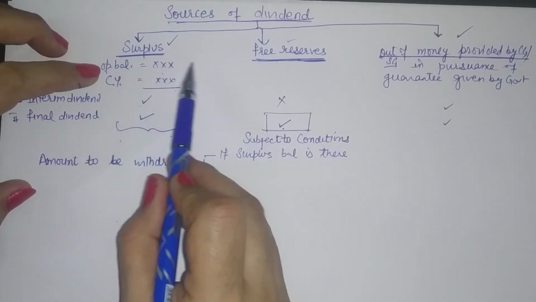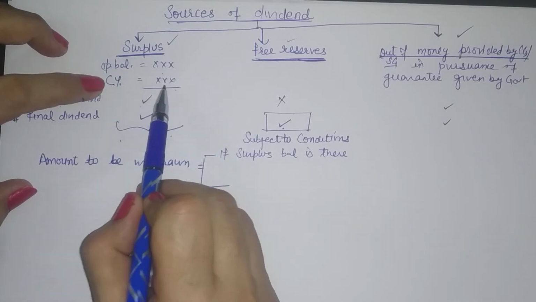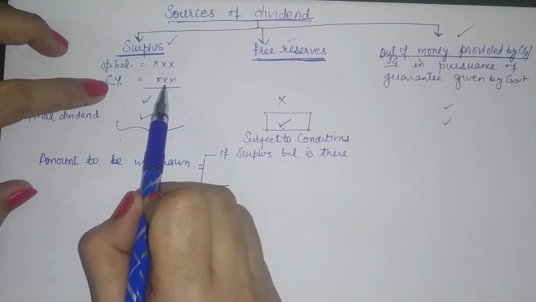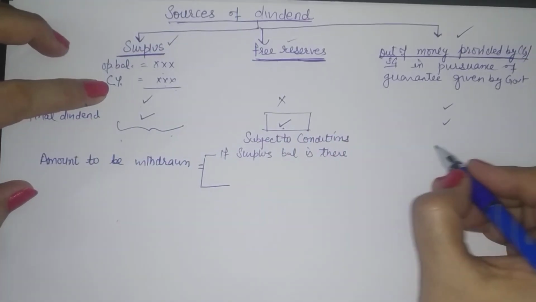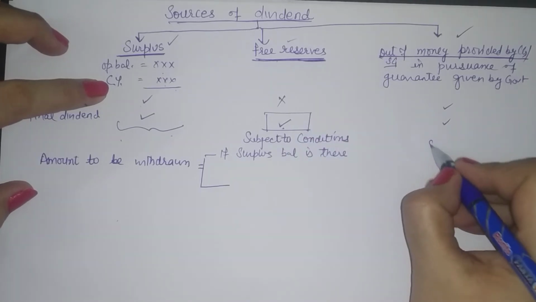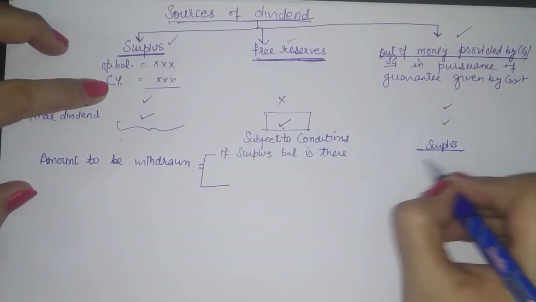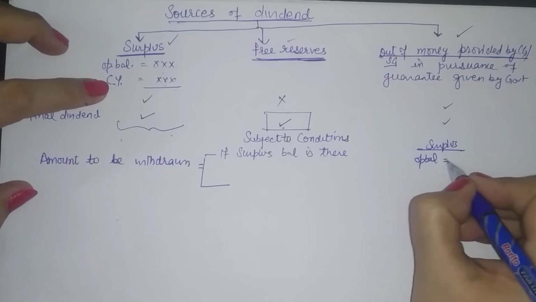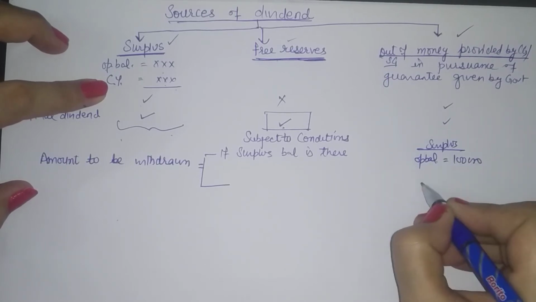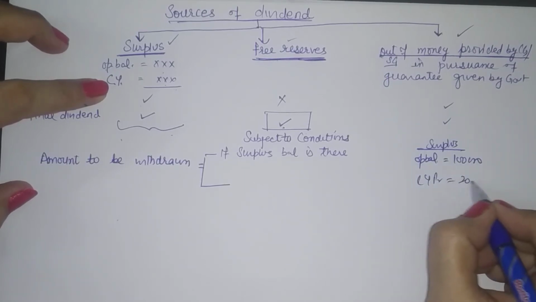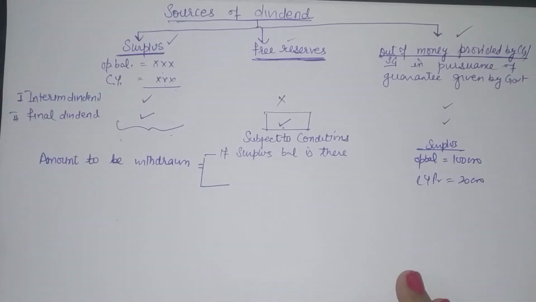Suppose you have a balance of 1 lakh. Let us say surplus opening balance is 1 lakh, and your current year profit is say 20,000. But when you look at the dividend amount, you find that you need to pay dividend of say 1,50,000.